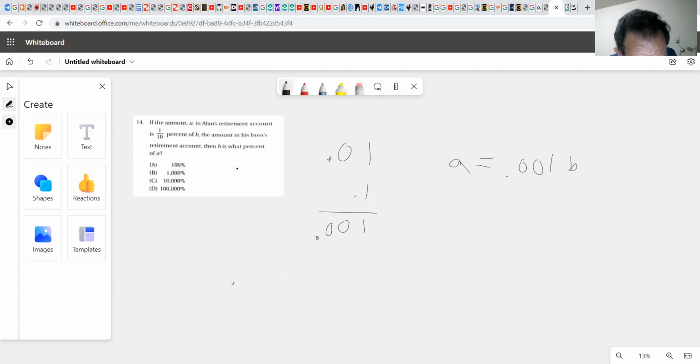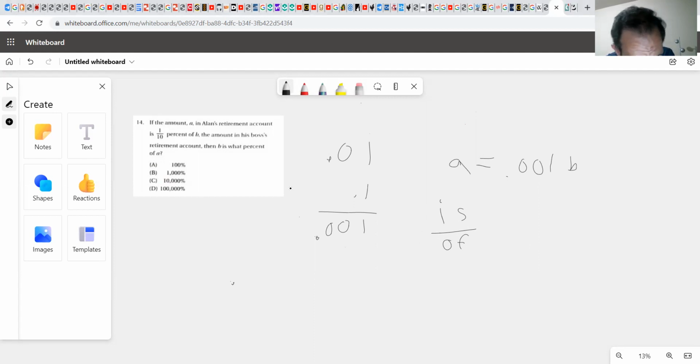A lot of times when I see something like that, where we're trying to make a relationship between something fractional and a percent, I like to just write the word is, over of. This is like something is a part of a whole.